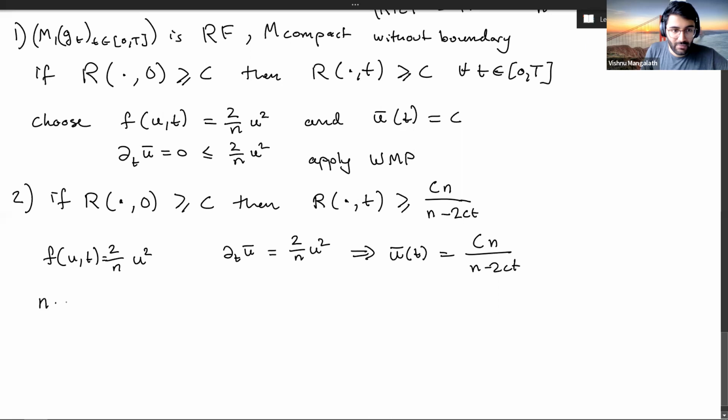If you solve n-2ct equals 0, you get that t is equal to n/(2c). So you expect that the maximal time that this can exist is less than or equal to n/(2c).